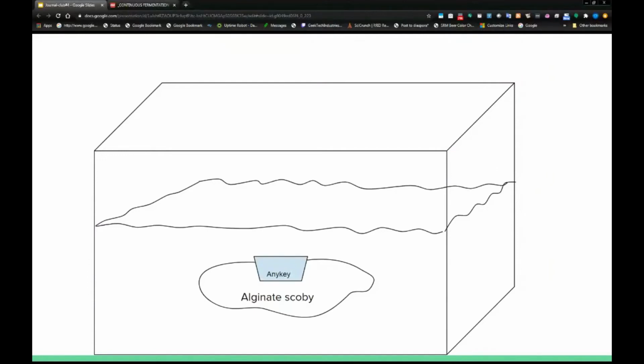Okay, so when I got to thinking about how do you make a bioreactor to make nacre, I started thinking about, well, what if you could make your own mollusk, like a synthetic mollusk?